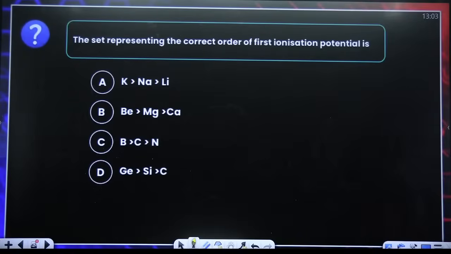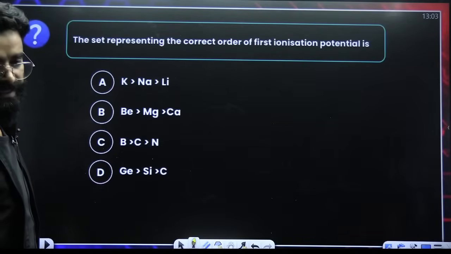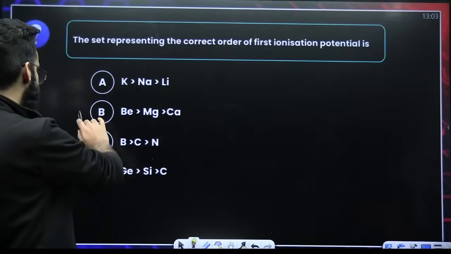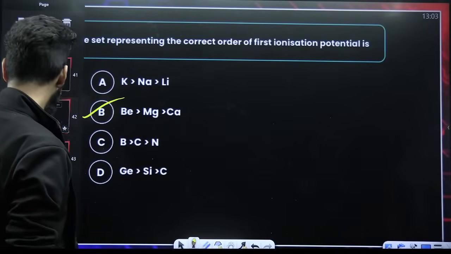Down the group, ionization potential decreases. So beryllium will have maximum, followed by magnesium, followed by calcium. So which one is correct? It is B.